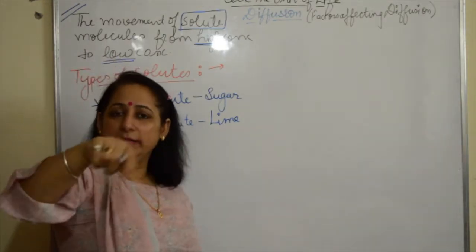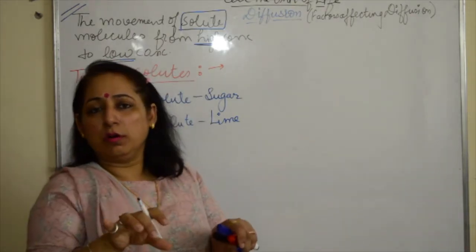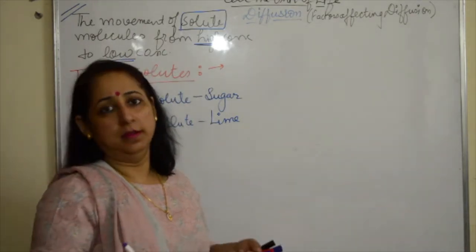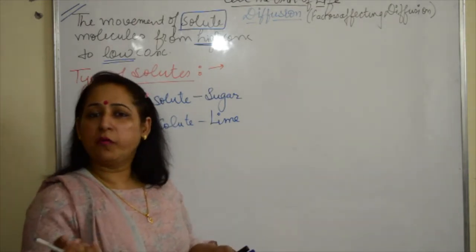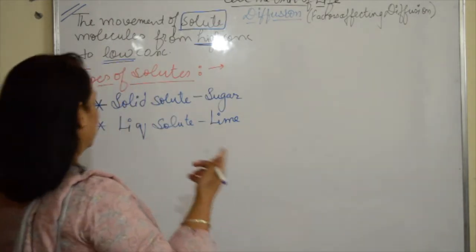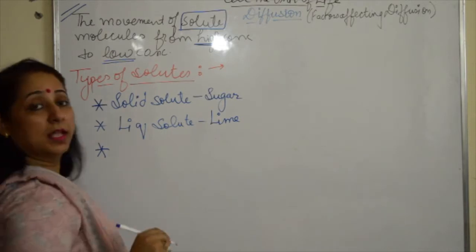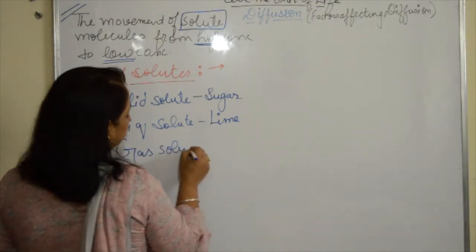You squeeze the lemon, it dissolves. So that's also a liquid solute. You can mix two fluids for that matter. Like for example, if you add a drop of ink in a glass of water, both are liquid. So liquid solute.